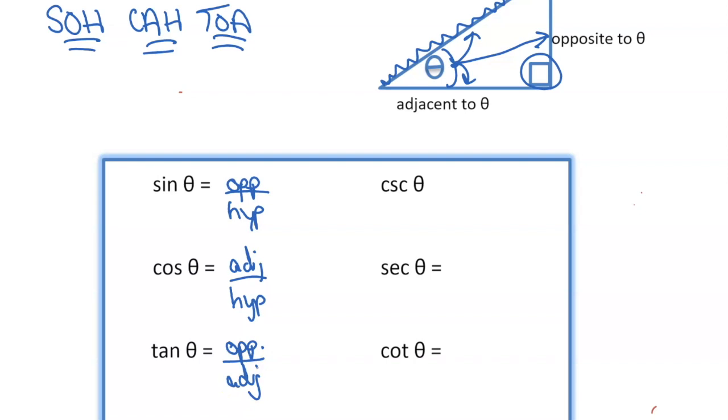Now, there are 3 additional functions, and let's spell them out for us first. So we're going to learn about something here called cosecant, CSC right there, secant, and cotangent.